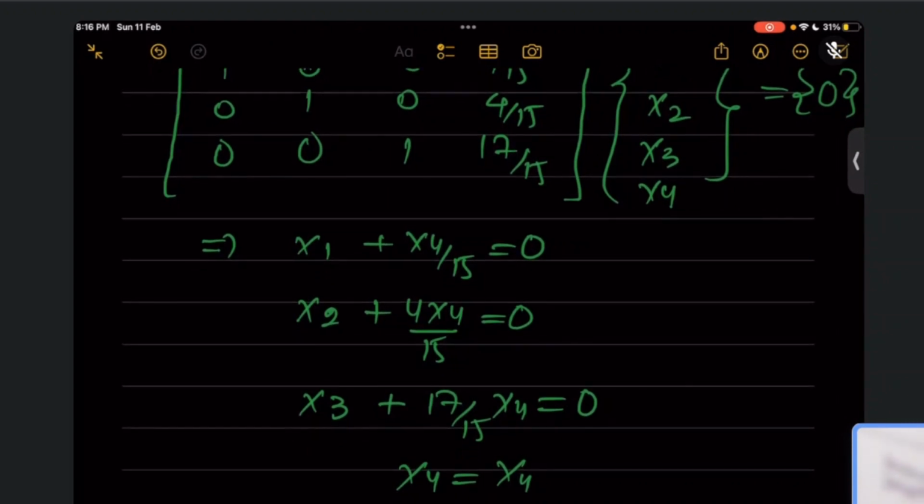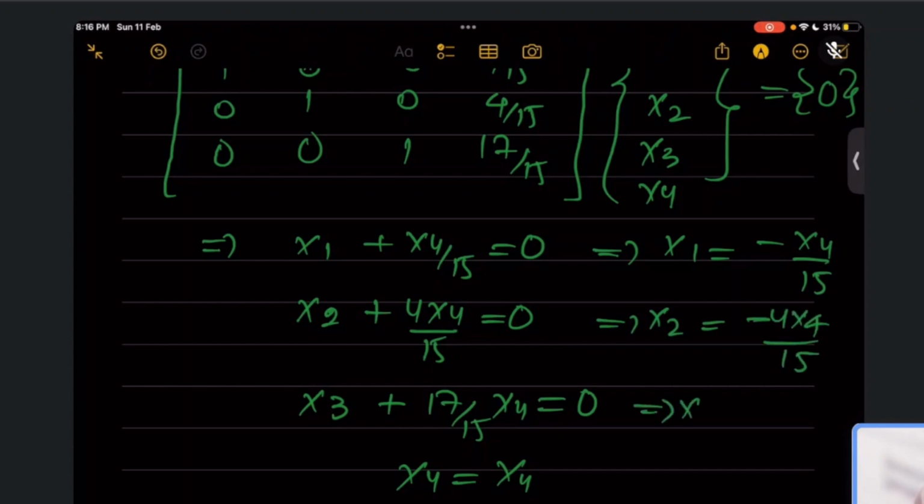From equations 1, 2 and 3, you can express x1, x2 and x3 in the form of x4, right? x1 can be expressed as minus x4 by 15, x2 as minus 4 x4 by 15, and x3 as minus 17 by 15 x4, right?